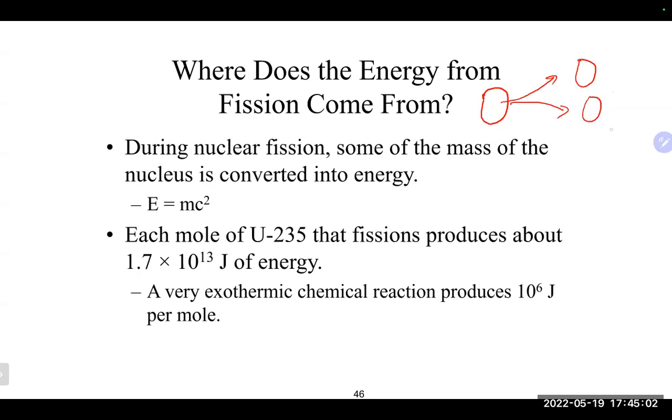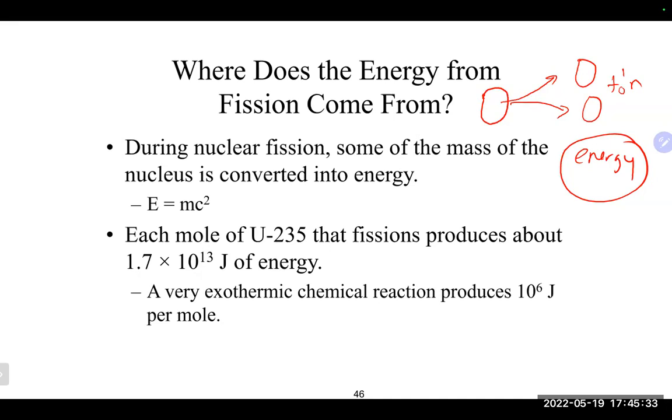It will also usually produce some neutrons as a result, and it will also give you a lot of times energy that comes out as a result of that process. So this can happen spontaneously. It can also happen by basically forcing it to happen, where you bombard a stable guy with some type of particle, hit it with a neutron or something like that, it will become unstable and it'll go through this process.